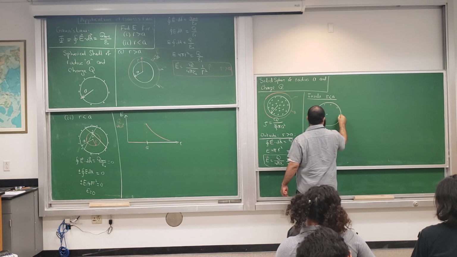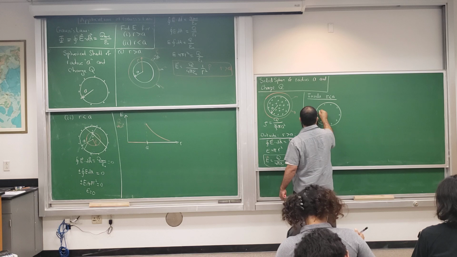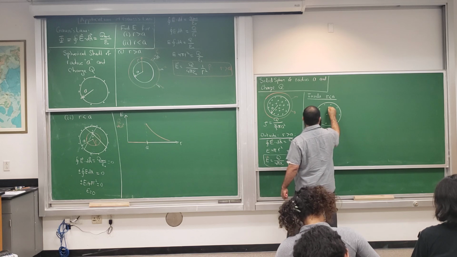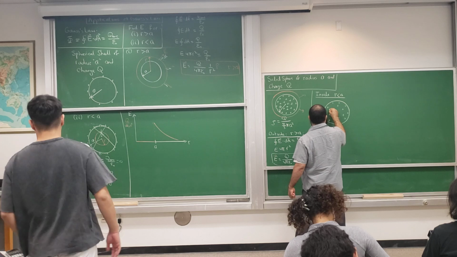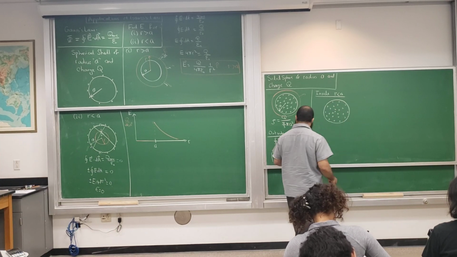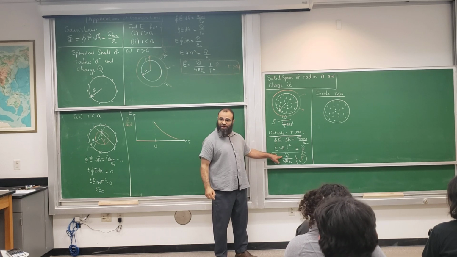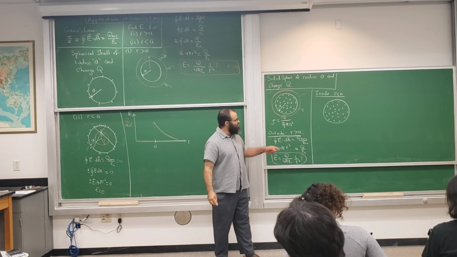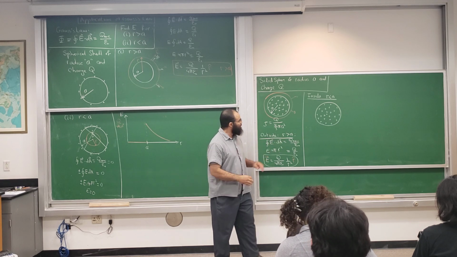Plenty of plus charges distributed. By the way, I always like to use plus charges, but if it's actually a negative charge, you just put a minus sign. That's it.